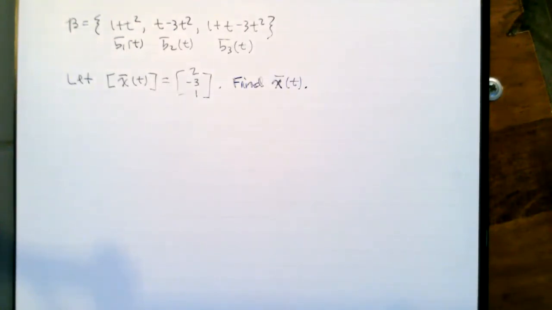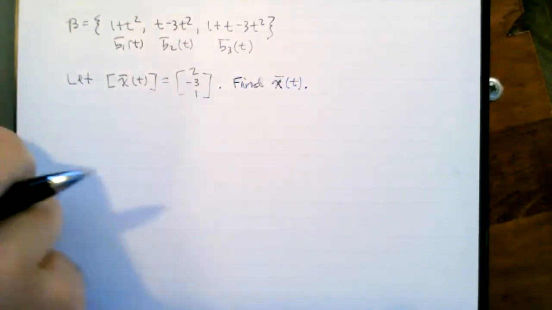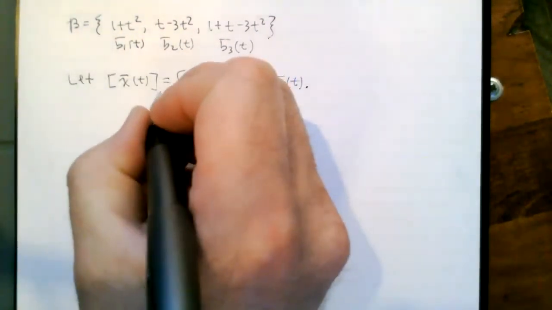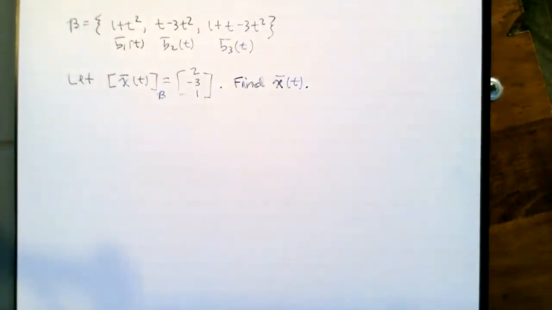So let's suppose that we're given the coordinates of x of t relative to B. Suppose the coordinates of x relative to B are 2, -3, 1, and I want to find the vector x of t.